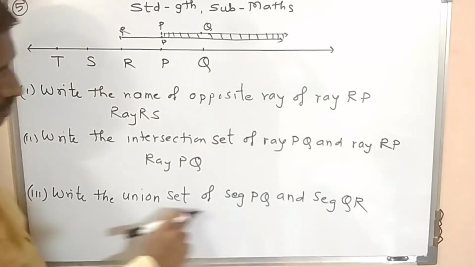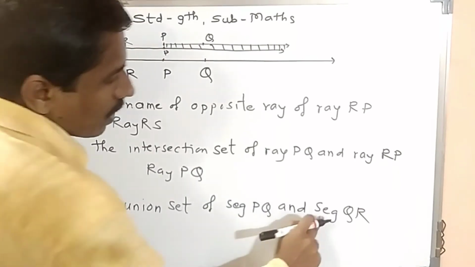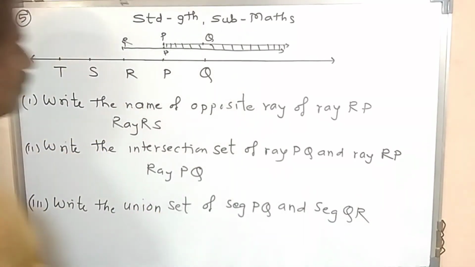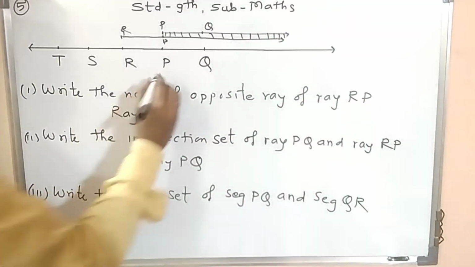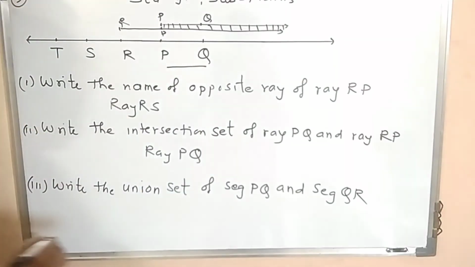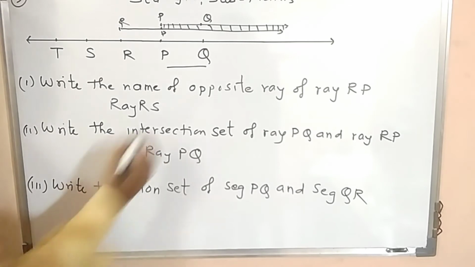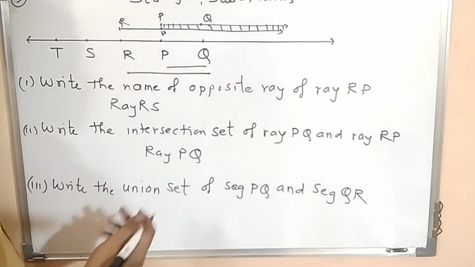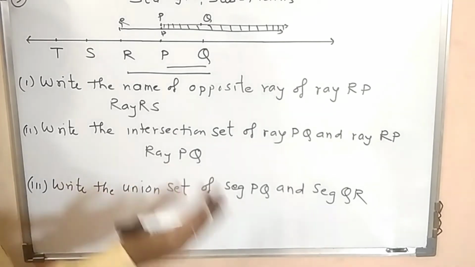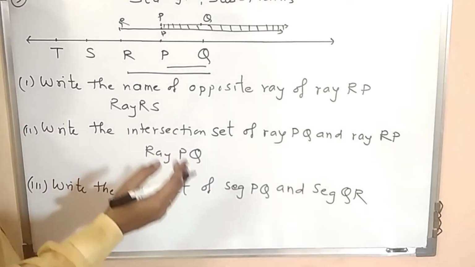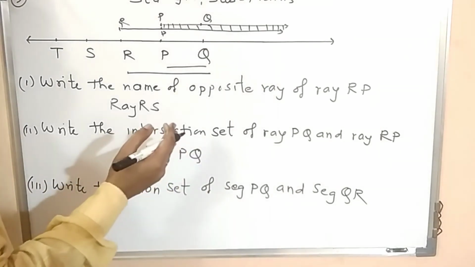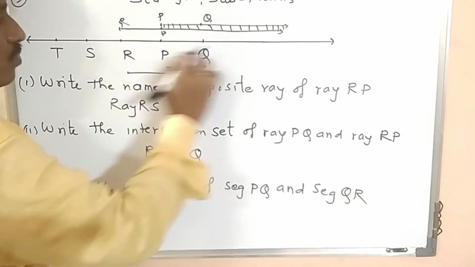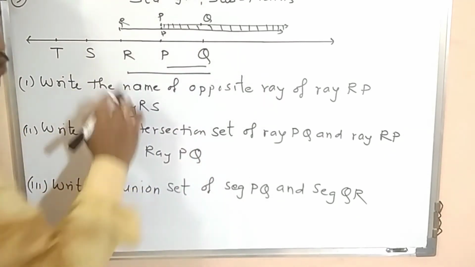Write the union set of segment PQ and segment QR. Where is segment PQ? This is segment PQ. And the second one is segment QR. What do you mean by union? It means you have to collect all the points from segment PQ and segment QR.